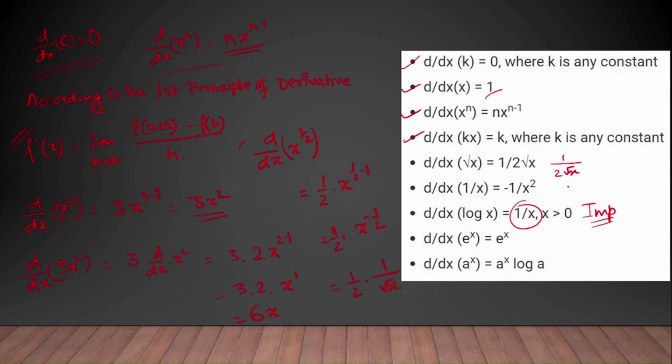And d/dx of e^x, this also is very much important, so try to remember this. If you remember these, it will be much easier for you to solve the questions in JEE Mains or Advanced. Let's go for the next part.